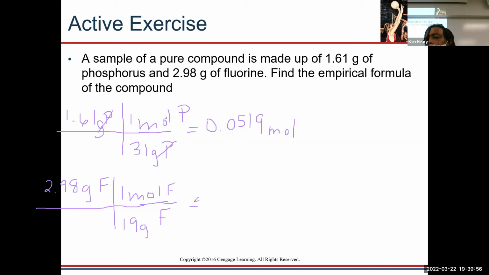And so that's going to equal 0.157 moles.